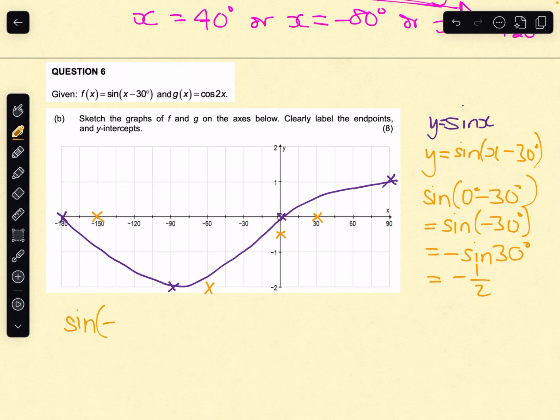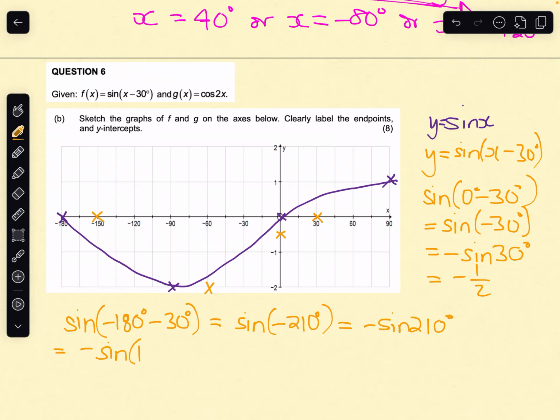Sine of minus 180 minus 30 is the same as sine of negative 210, which is the same as negative sine of 210. You don't have to do this manually. You really could just do this on your calculator, but it's a very good excuse to practice your reductions. And we know that sine of 180 plus something is the same as negative sine of the something.